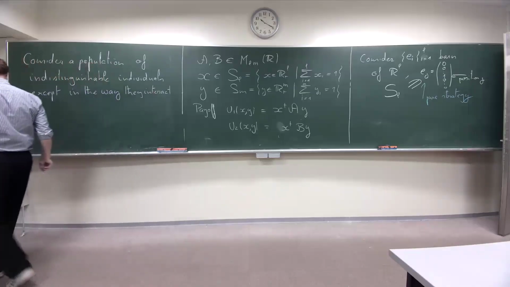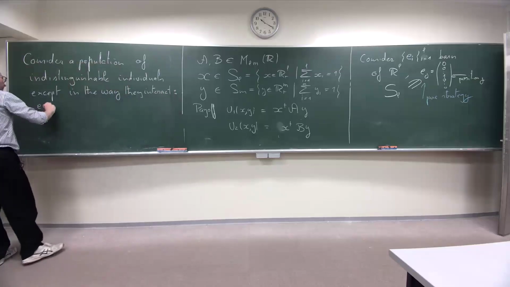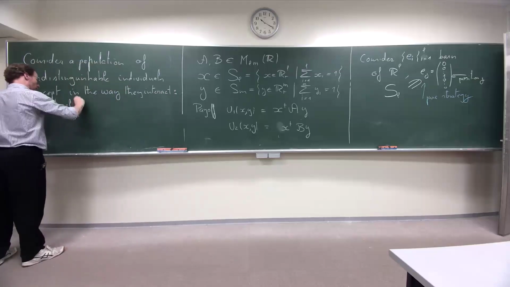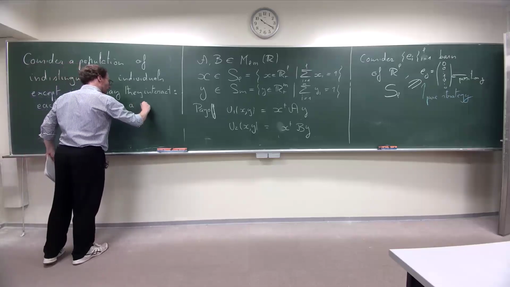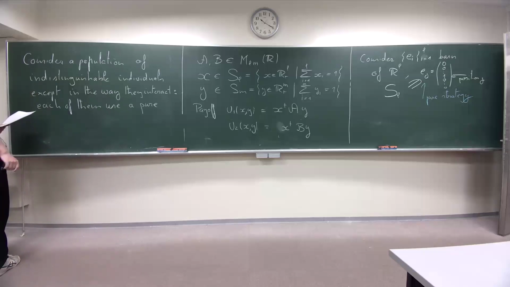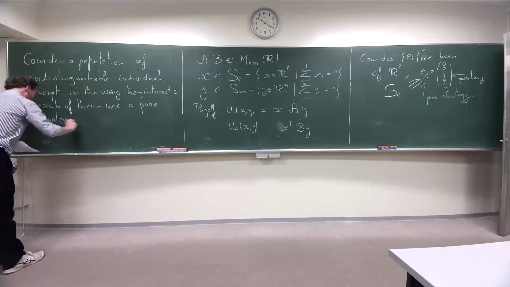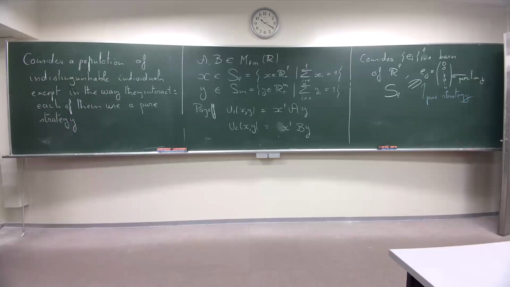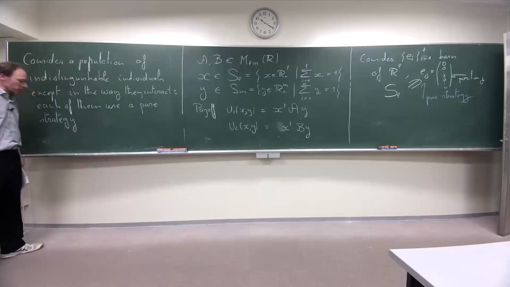So what does it mean? Each of them uses a pure strategy. For now, I assume that each of them uses a pure strategy. A bit later, they will be allowed to use mixed strategies.